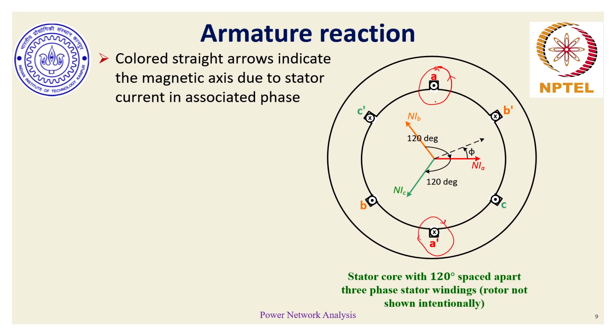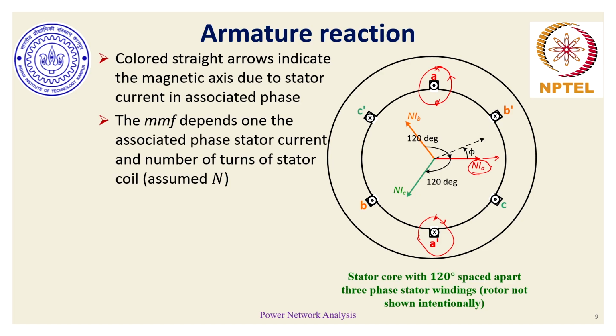If we take the superposition of both these fluxes, then the resultant MMF, or magnetic motive force, because of armature current IA, would likely be in the direction shown over here, which is N IA.